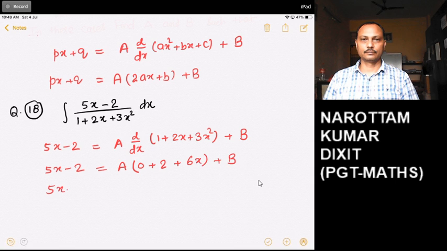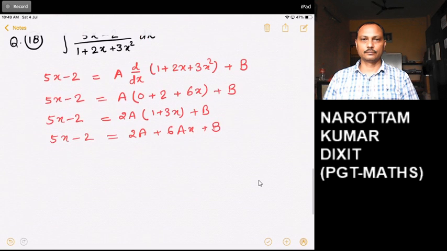So 5x minus 2 is equal to, 2 is common, so 2a times (1 plus 3x) plus b, and 5x minus 2 is equal to 2a plus 6ax plus b. You can write this as 6 times ax plus 2a plus b.